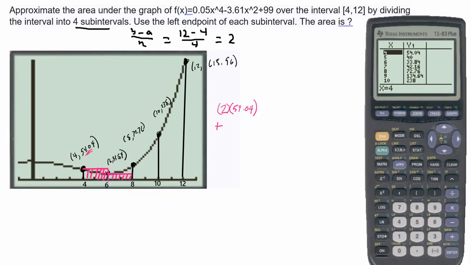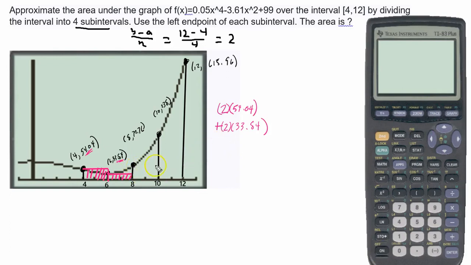Okay, so that was formed using the left endpoint of the second subinterval. So my second rectangle is going to have base of 2 times height. Well, how tall is that? Well, it's going to be 33.84. Okay, my pen timed out, but never mind. We've got all the pertinent information from that.